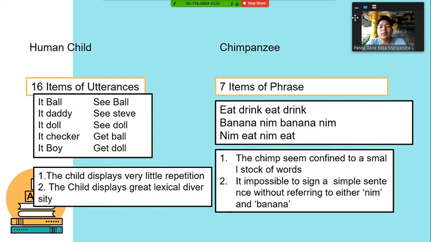It means that the human child at 2 years old uses more meaningful phrases than chimpanzees, because the chimpanzee cannot relate the phrases without referring to the words that they already knew before. I think that's all from me, and that will be continued by my friend Yunita.